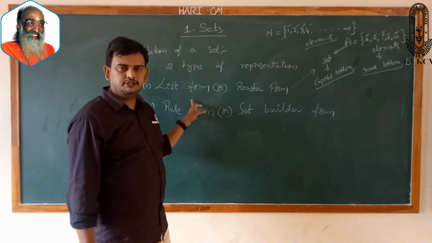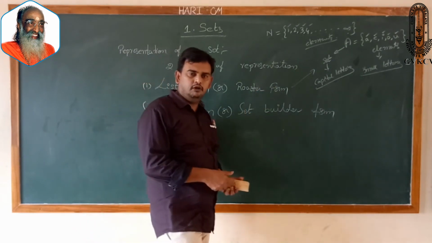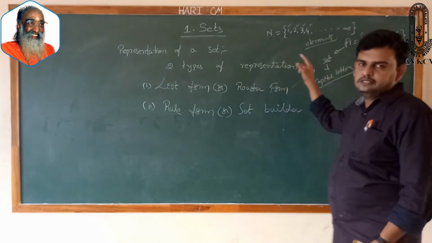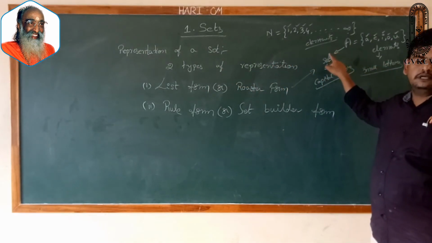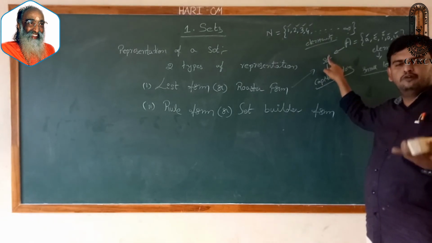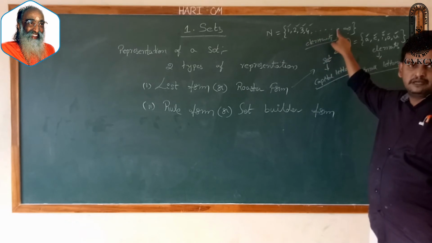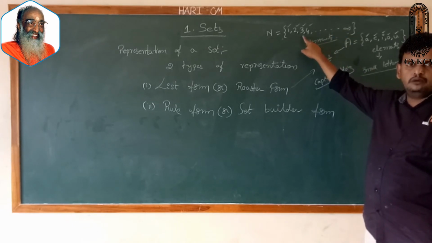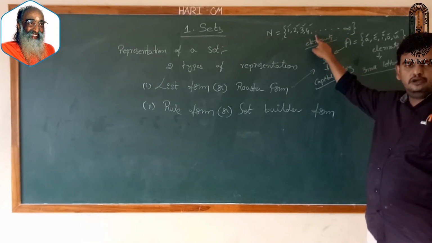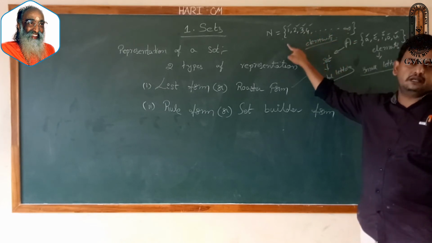Now, the representation we are talking about, list form or roster form. You observe here, when I ask for the set of natural numbers or the set of vowels in the English alphabet, you are physically able to see the elements in the set.